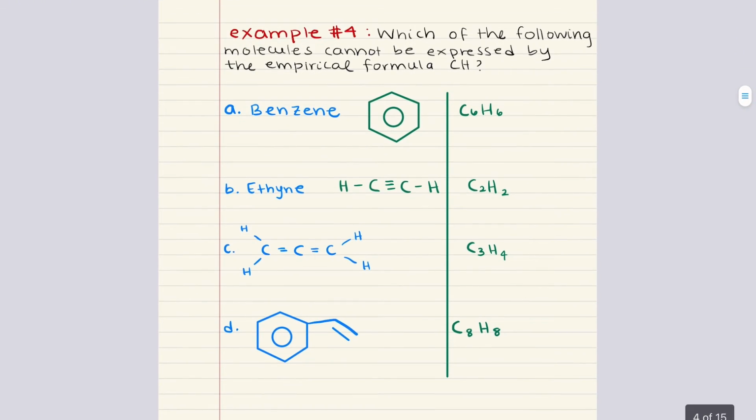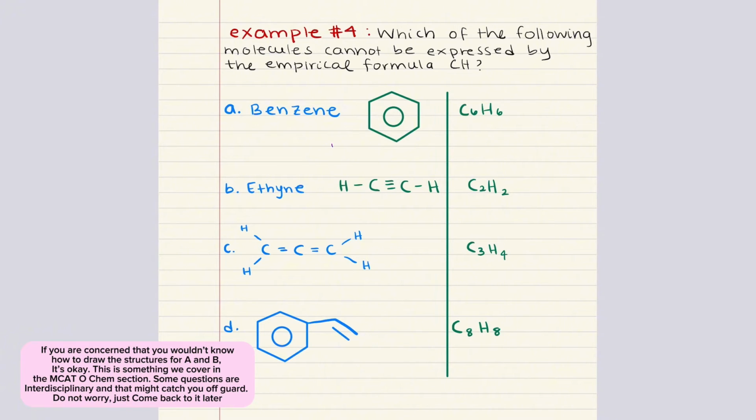Moving into problem 4. Problem 4 says which of the following molecules cannot be expressed by the empirical formula CH. A is benzene, and I went ahead and drew that for us. Benzene is drawn here. This is a 6-carbon ring with double bonds, and the molecular formula for benzene is C6H6.